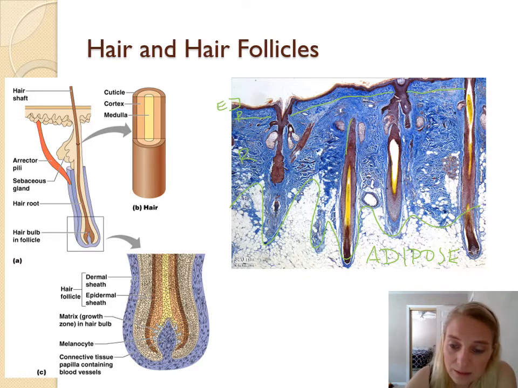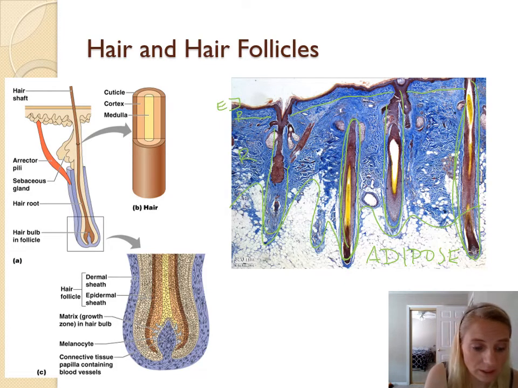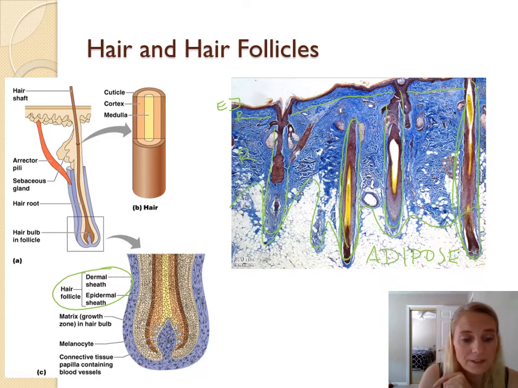But these big purpley things are hair follicles. There are 3 big hair follicles shown here, anchored into the dermis, maybe a 4th one shown here. The hair follicles are multiple layers of connective tissue. We can see here the dermal and epidermal sheaths. That's the purple and then tan color. And then the hair itself is outlined in brown.